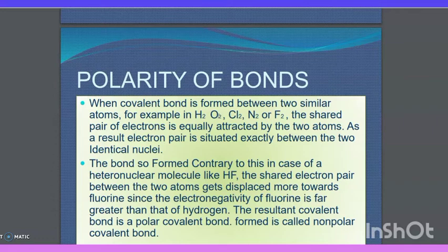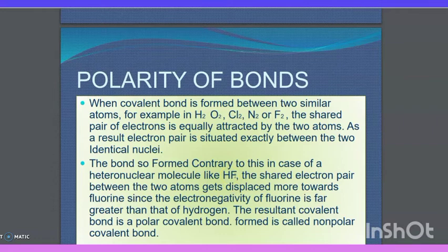But if we take a heteroatom, for example, hydrogen fluoride, here we can see hydrogen and fluorine. Compared to hydrogen, fluorine has high electronegativity. What do you mean by electronegativity? Electronegativity is the ability of an atom to attract the shared pair of electrons towards itself. So in the bonding, fluorine attracts the shared pair of electrons towards itself.